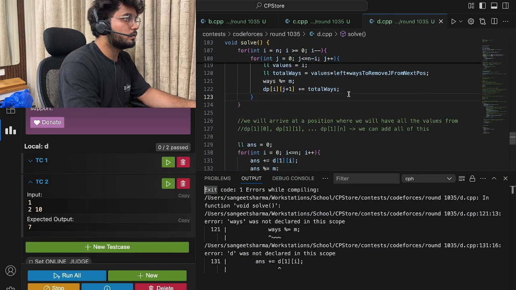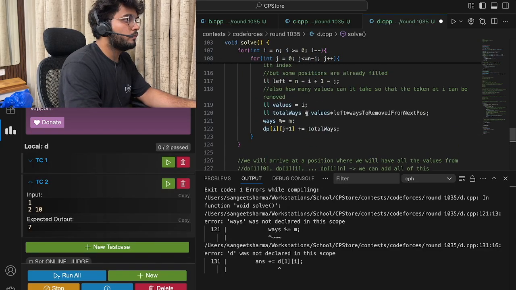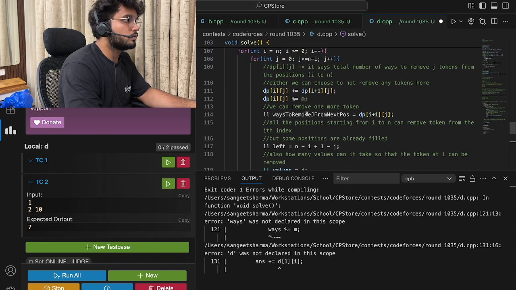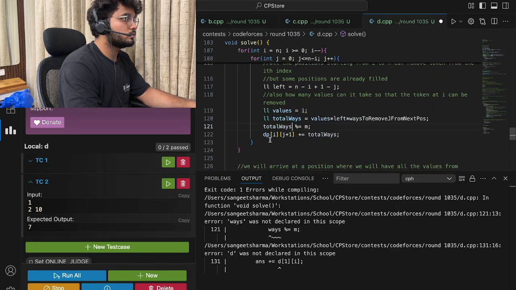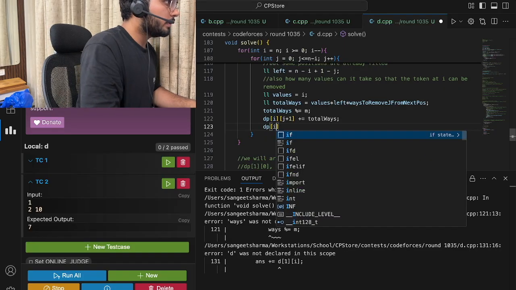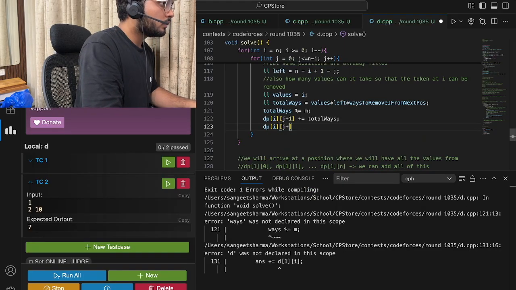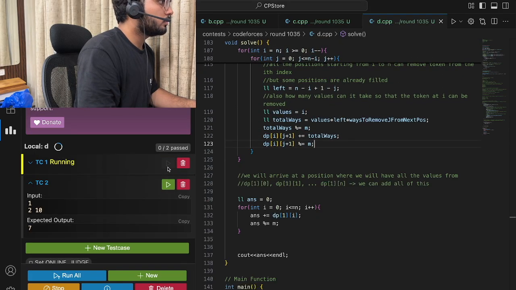This is line 131. dp ways were not declared. Total ways. This will also be updated. Mod equals to m. Mod equals to m. Okay.